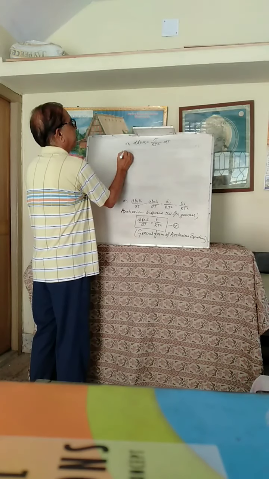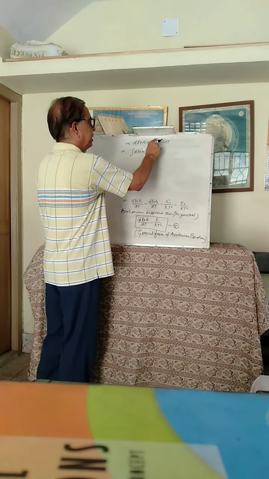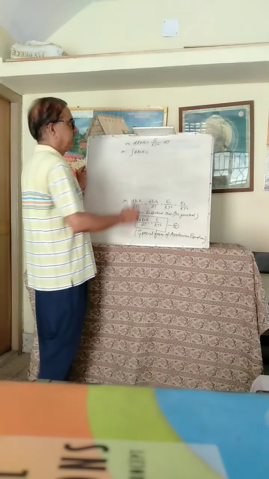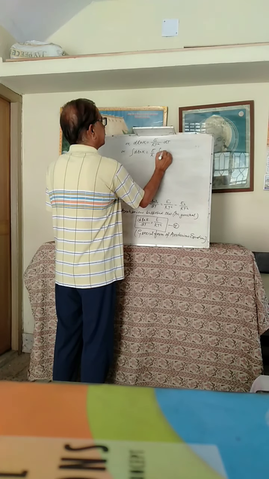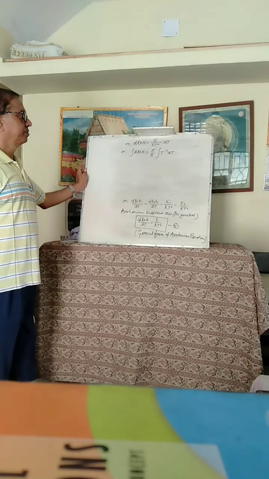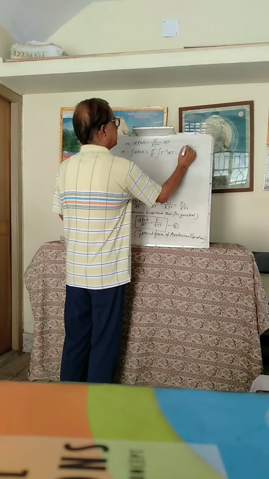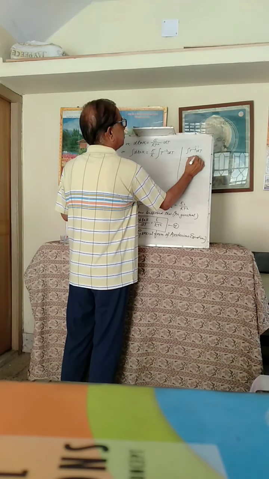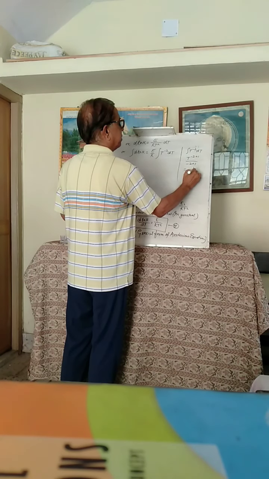E is energy of activation, R is gas constant. These two quantities are constant, hence taken out, and this can be written as t to the power minus 2 into dt. The integral of t to the power minus 2 is t to the power minus 2 plus 1 upon minus 2 plus 1, that is minus 1 upon t.